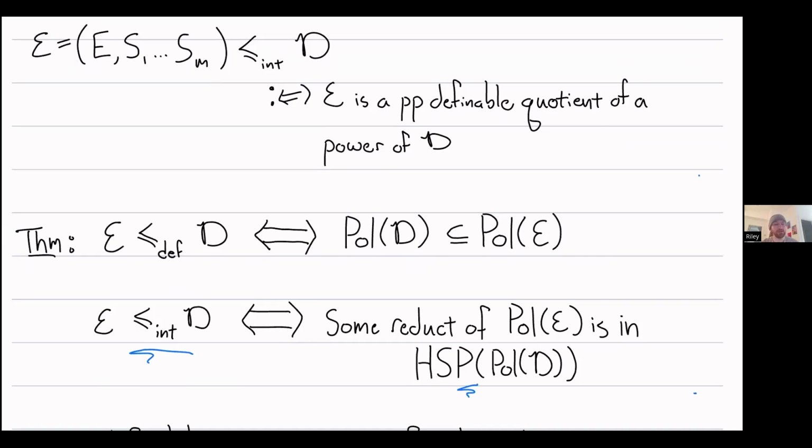So another way of saying that is you can interpret E in D if any algebraic equations satisfied by polymorphisms of E are also satisfied. Sorry, let me make sure I have this right. Any algebraic relations satisfied by polymorphisms of D are also satisfied by polymorphisms of E.